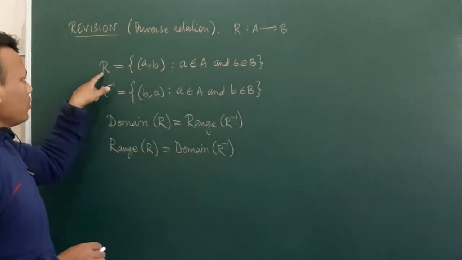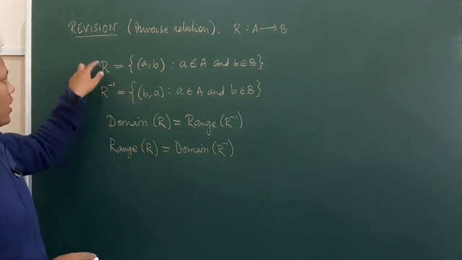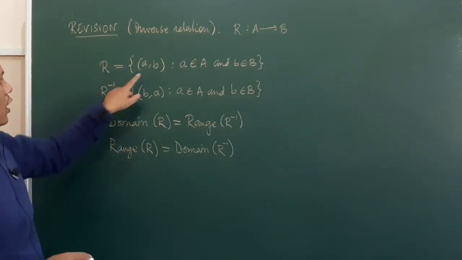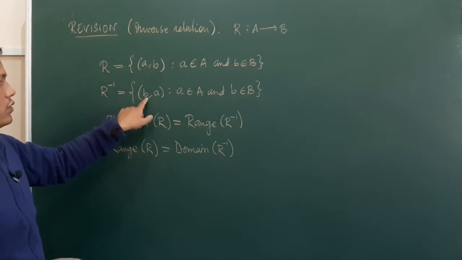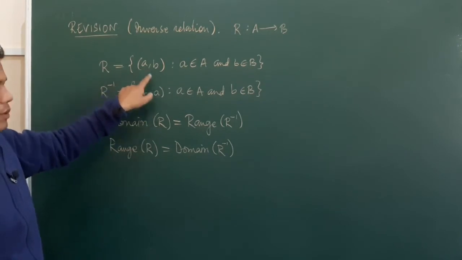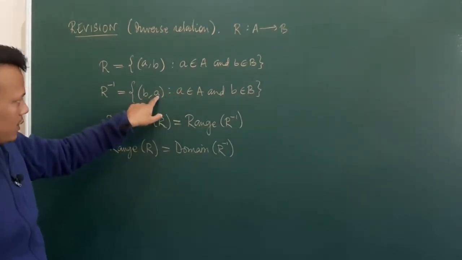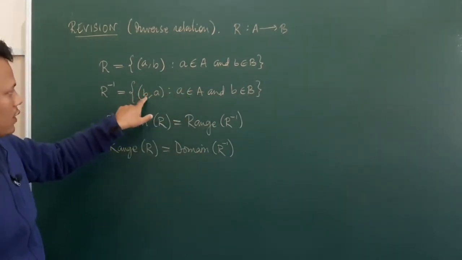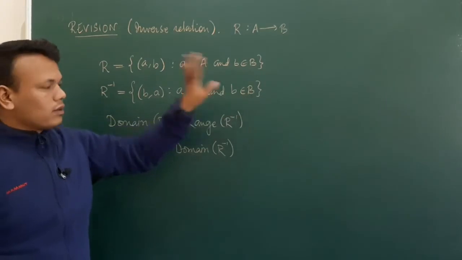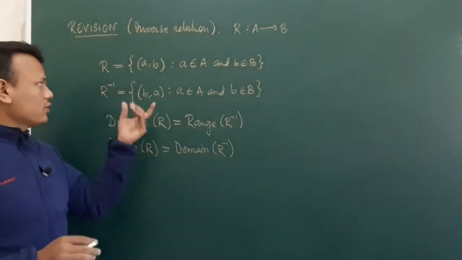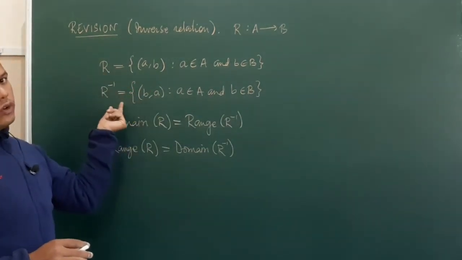Now, the inverse of this R is defined as R inverse, where the second element becomes your first element and the first element becomes your second element. But still, this second element comes from the first set and this comes from the set B. So this was your definition for R inverse.